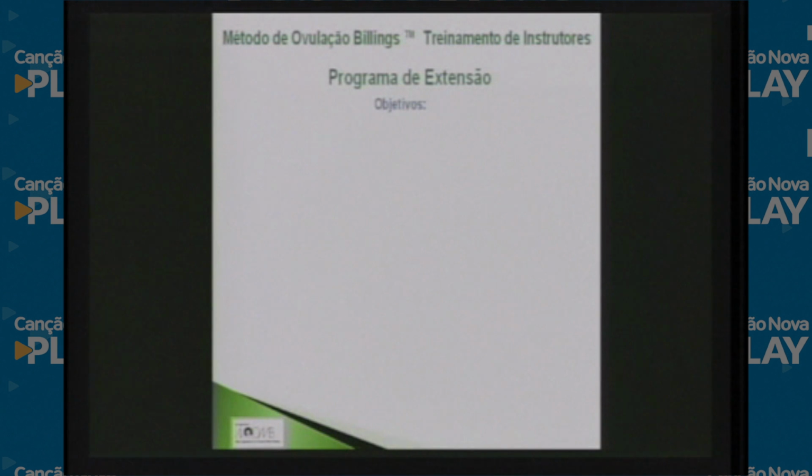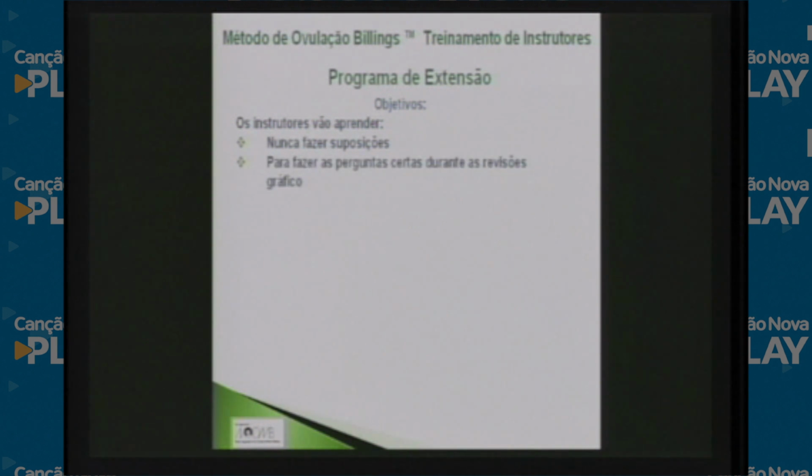Teachers will learn never to make assumptions, to ask the right questions when you're looking at a chart, thinking about hormone levels and cervical response, and to identify a BIP, the basic infertile pattern, in all charts.